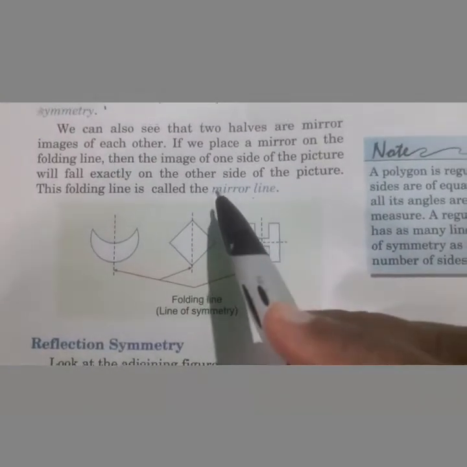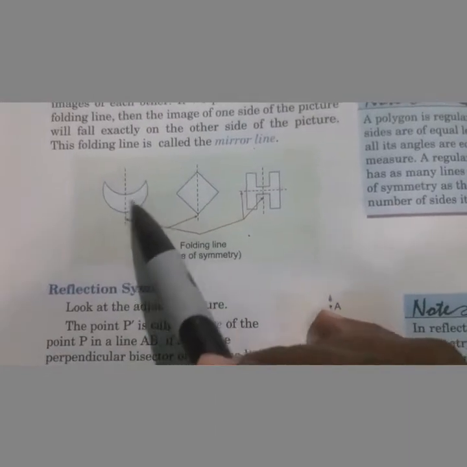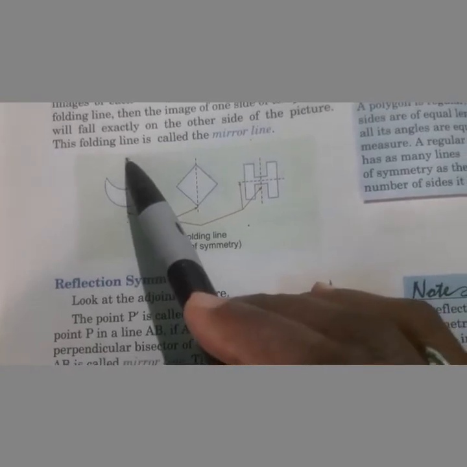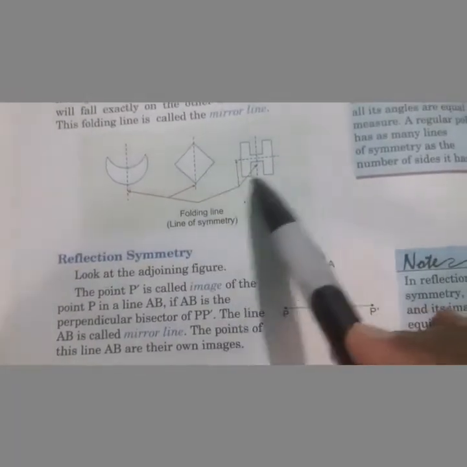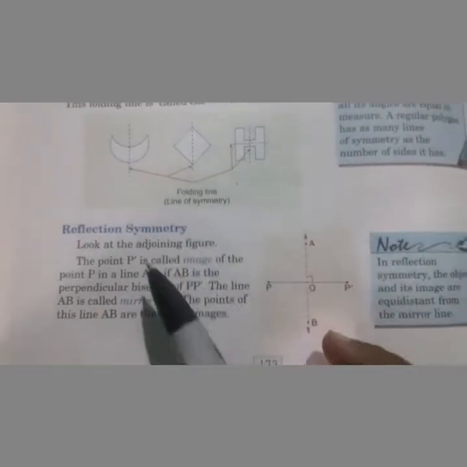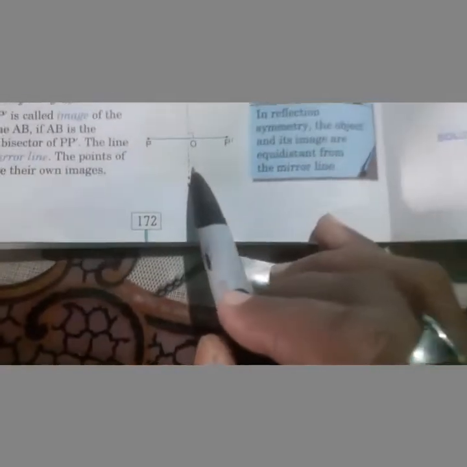You have seen this mirror line. In this figure you can also see a half moon, and if we place a mirror here, then the half part is exactly similar to this side, and this is called the mirror line. Reflection symmetry. Look at the adjoining figures.